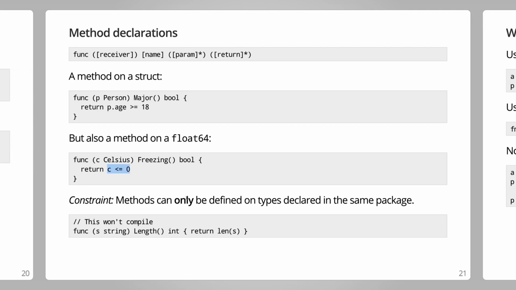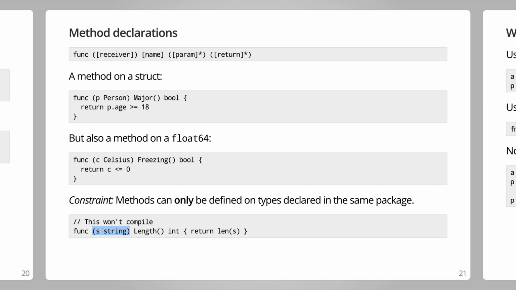All right. So there's one limitation to methods, and that is that they can only be defined on types declared in the same package. So you cannot say that I want to have a method length that operates on types in another package or from the standard library or the primitive types like here.